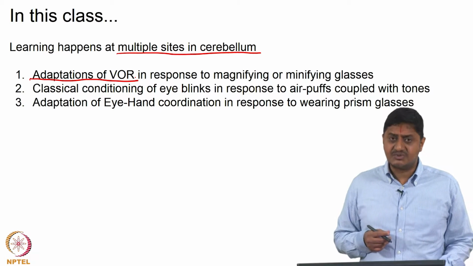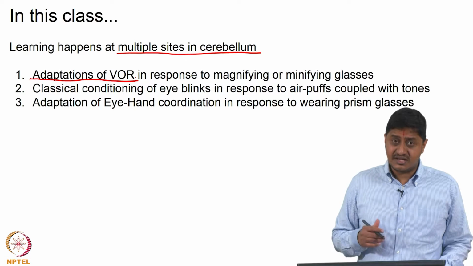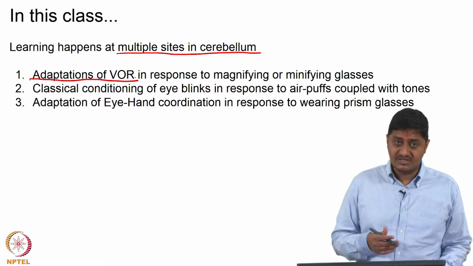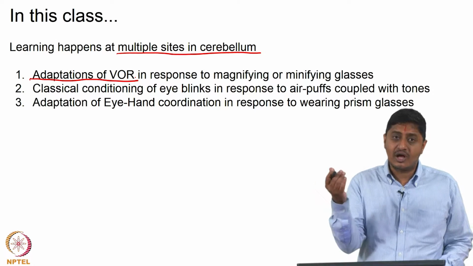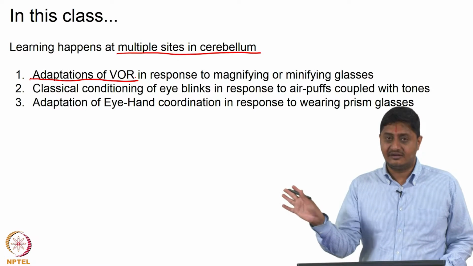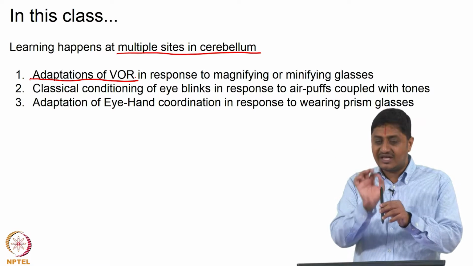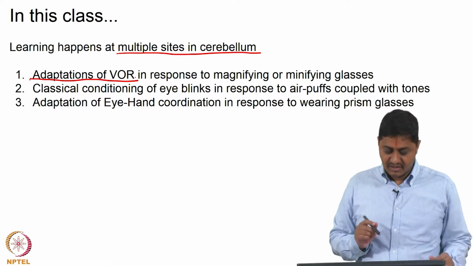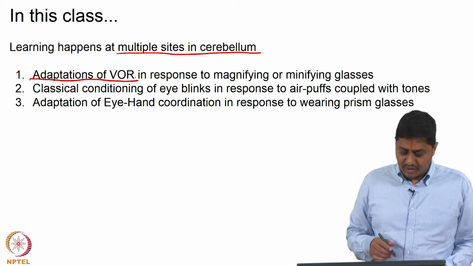This is called as a vestibulo-ocular reflex, right. So, the response of eye movements, or the ability of eyes to move in a direction opposite to that of the head. So, as the head is moving to the right, the eyes are moving to the left to keep the object fixated on the eye. So, this is called as vestibulo-ocular reflex.